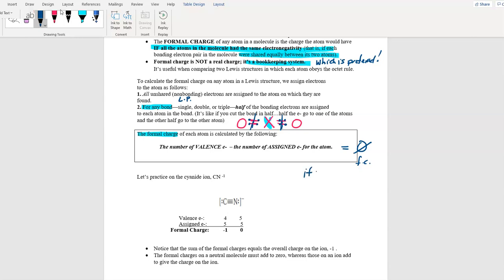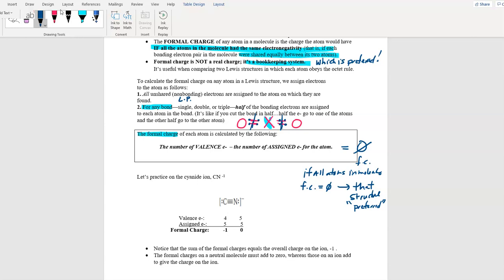So if all atoms in the molecule all have a formal charge equal to 0, then what that means is that structure, out of all of them, is the preferred structure.